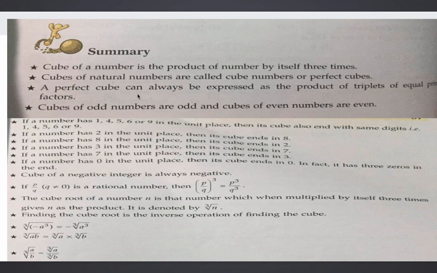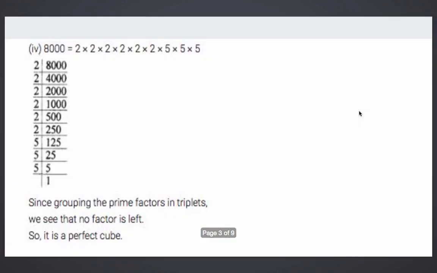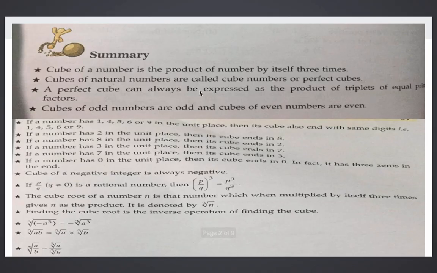A perfect cube can always be expressed as a product of triplets of equal prime factors. This is a very important point, okay, because this is what we are going to deal with in the first exercise. If I am saying check whether the number 343 is a perfect cube, how will you check?